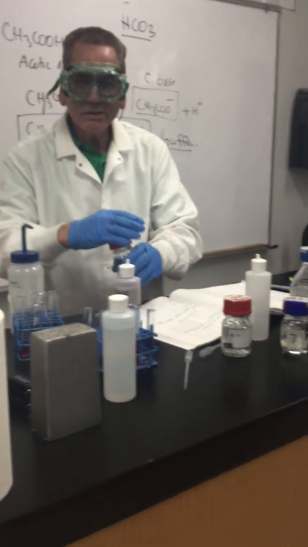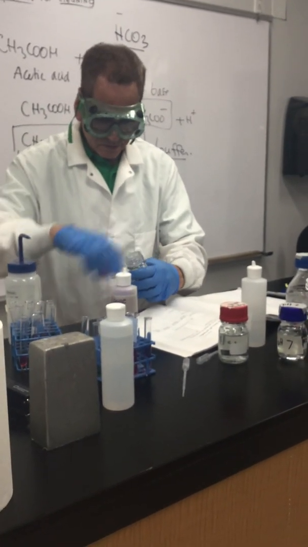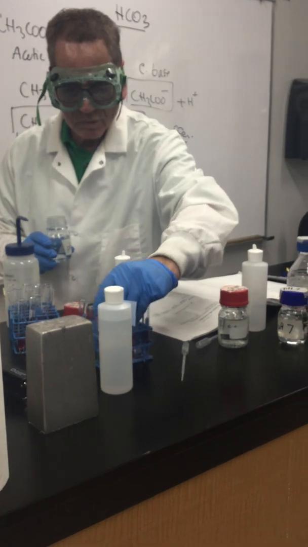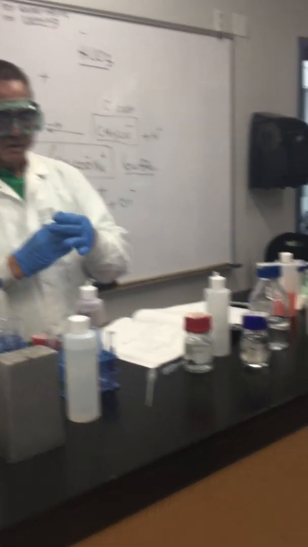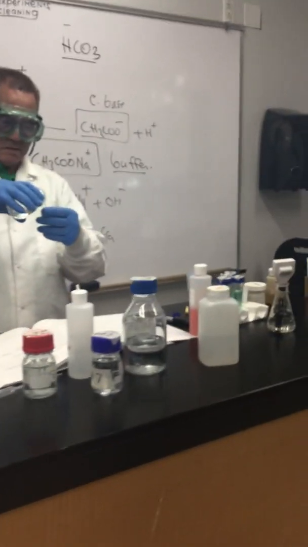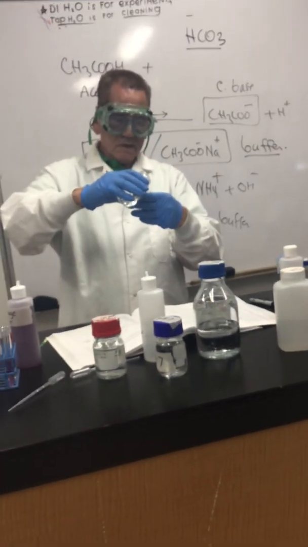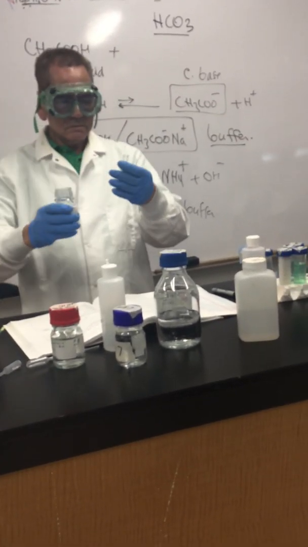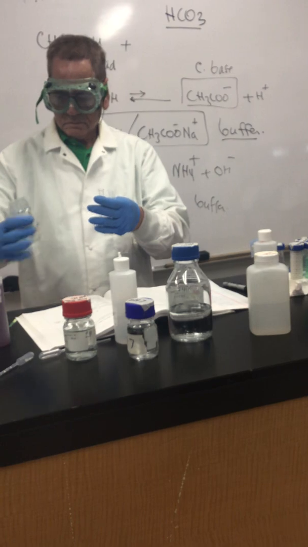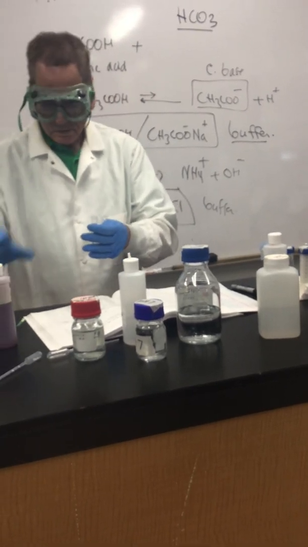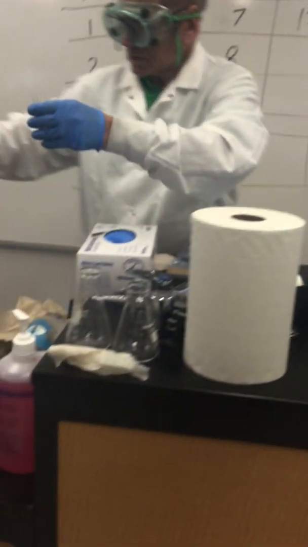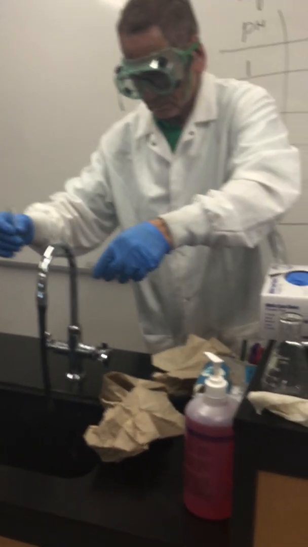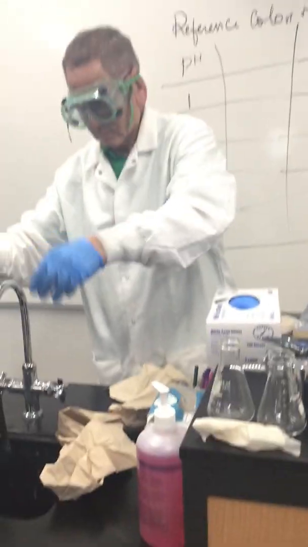Now, we're going to have a buffer, like we did there. We're going to have 2 test tubes for buffer. One, we're going to add acid to it, and one, we're going to add base to it. All right? pH 4. Take some of these. Got it.